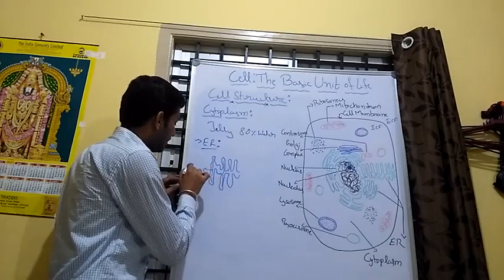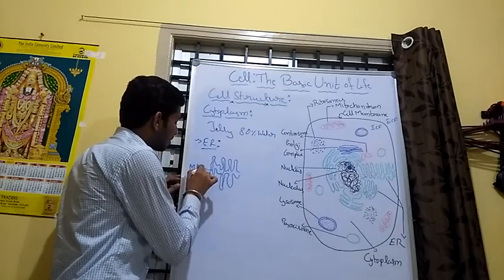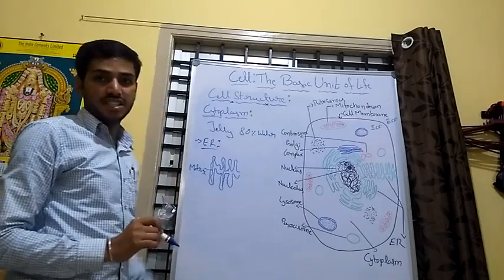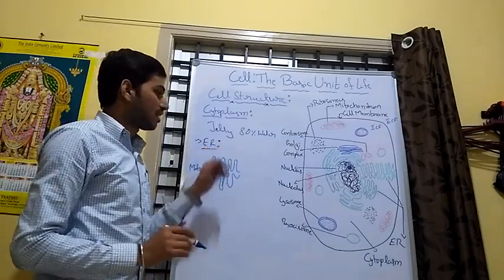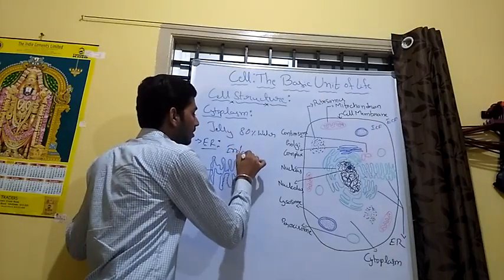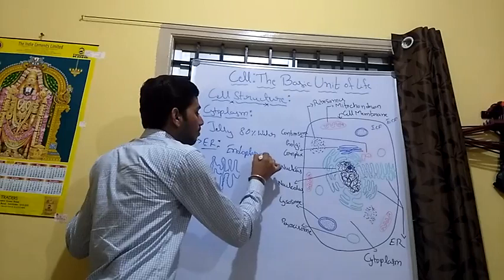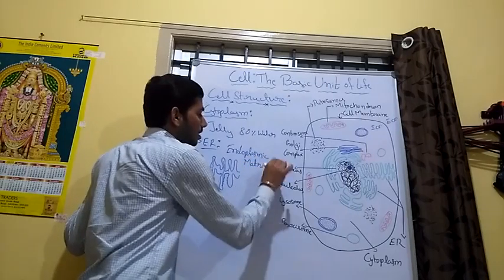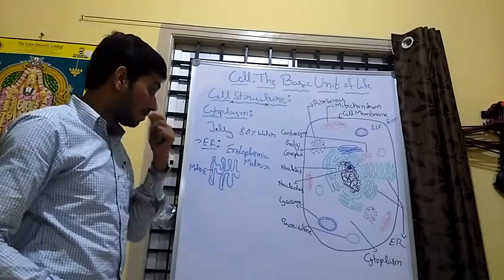This matrix is called the endoplasmic reticular matrix.